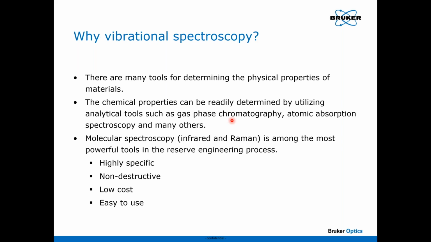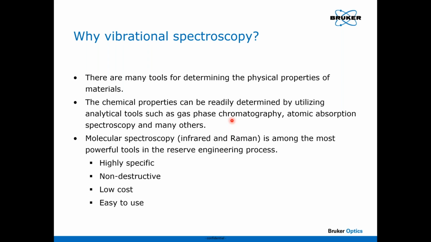And then I mentioned vibrational spectroscopy. Remember that we're looking at the chemical properties of the materials in question. There are many tools out there for determining the physical properties, and indeed, in the examples we're going to look at, we'll look at optical microscopy, which gives you more of the physical information.